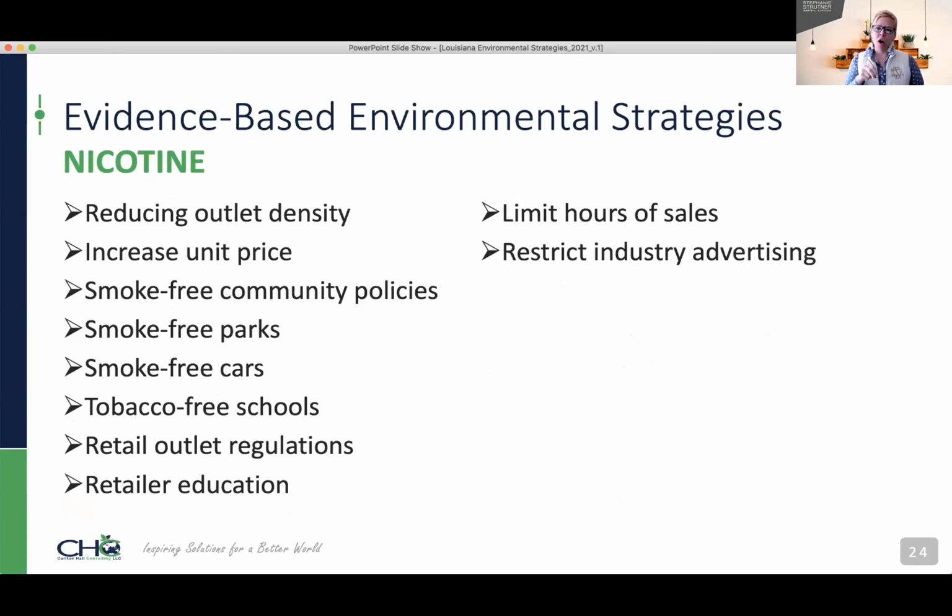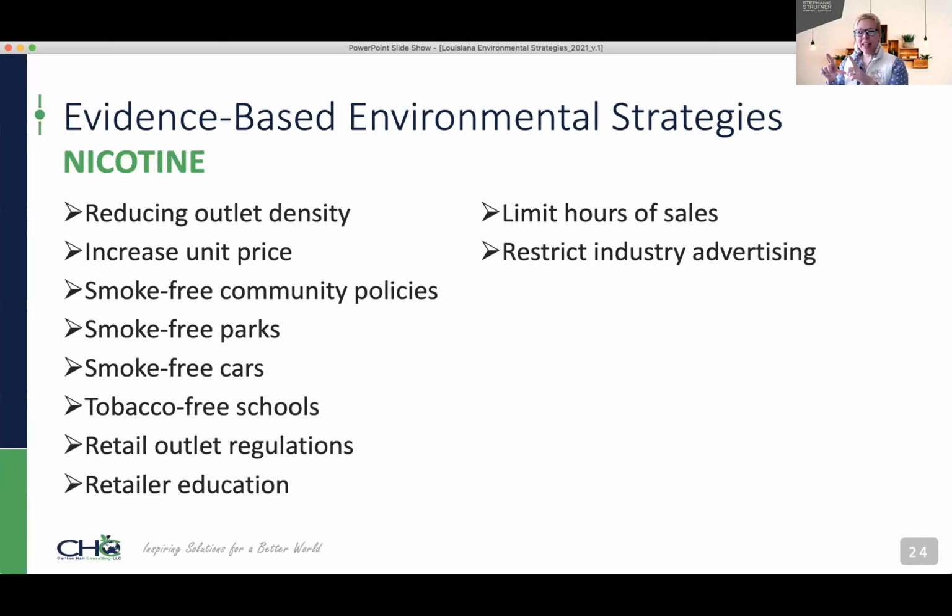Let me pause for a second, because there are many times when I talk to coalitions and they say, we're going to implement some physical design strategies, and we're going to hang up a sign that says smoking is harmful, and that's an environmental strategy. And I say, oh, wait, time out. Let's talk about what an environmental strategy is. Because to me, a sign that says smoking tobacco is harmful is providing information.